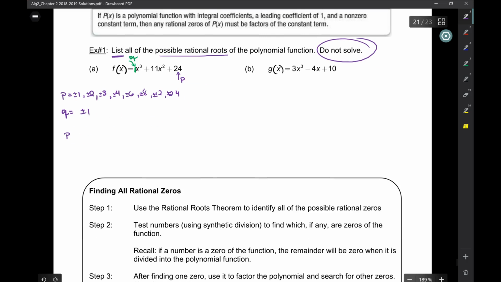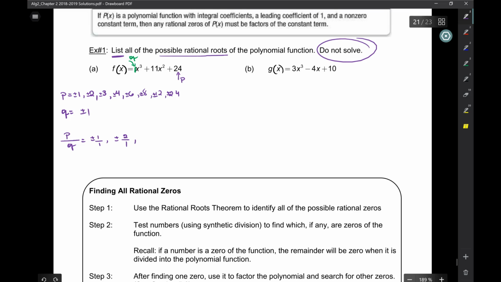Now what we're going to do is P over Q. What P over Q is, you're going to divide every single number up here with every single number down here. So you're going to do plus or minus 1 over 1, plus or minus 2 over 1, and so on.